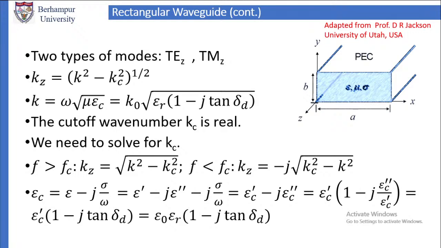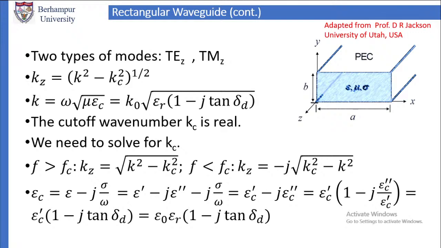So that is kz. What is epsilon c? Epsilon c is equal to epsilon minus j sigma by omega. That you can also write, for epsilon, as epsilon dash minus j epsilon double dash, then minus j sigma by omega.